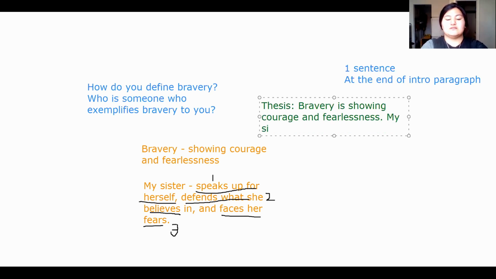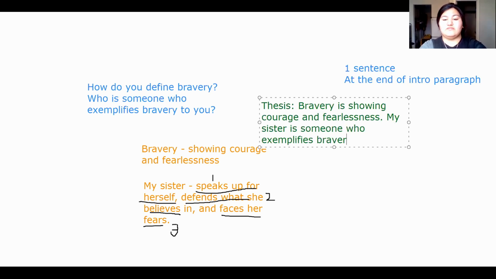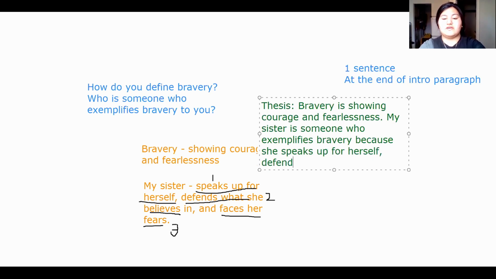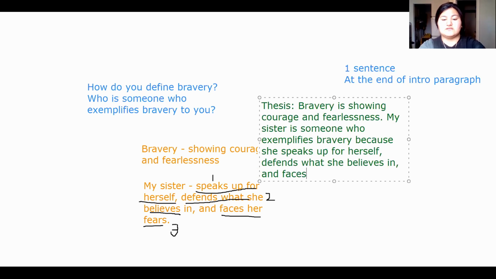My sister is someone who exemplifies bravery because, and now we're going to incorporate our 1, 2, 3, because she speaks up for herself, defends what she believes in, and faces her fears.